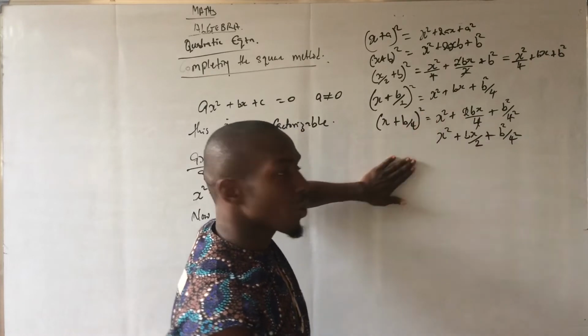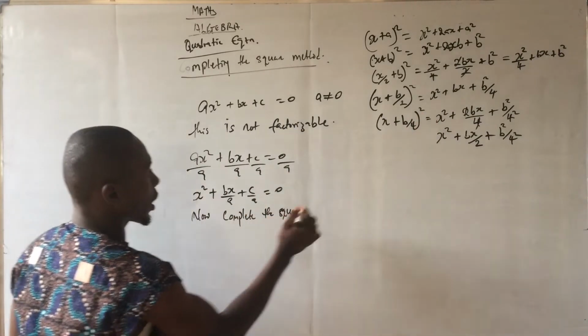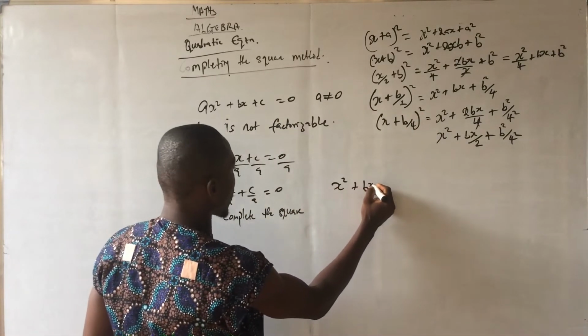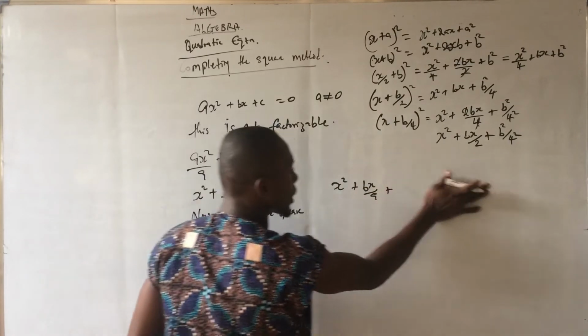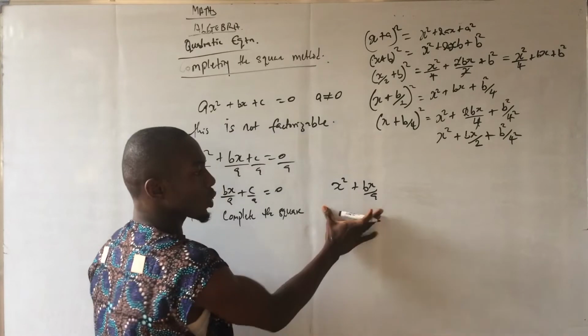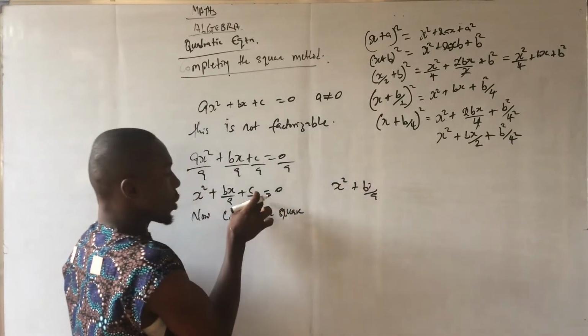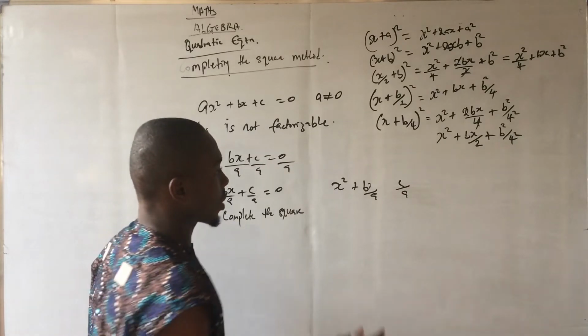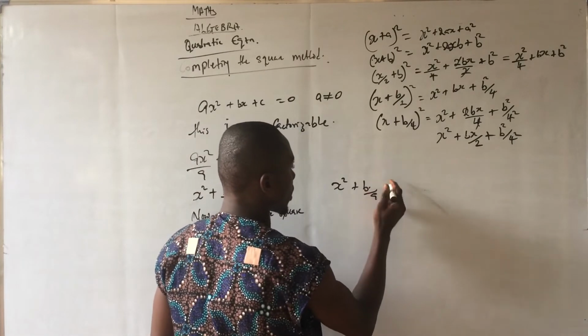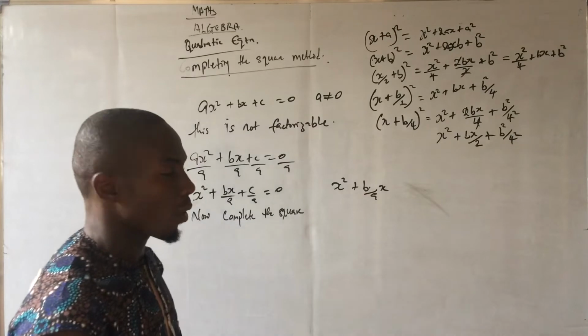So now this is a complete square of this, but I want you to check this one now. We have x squared plus bx over a plus c over a equal to 0. So now let's exclude this; we are not working with c over a, because it doesn't have the variable x. Let's work with the one that has the variable x.